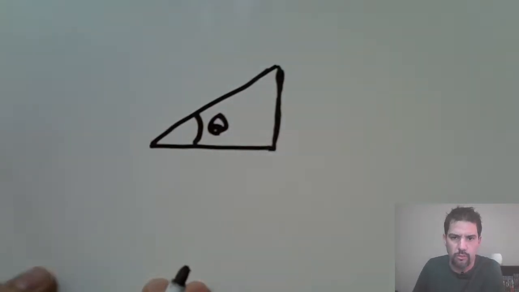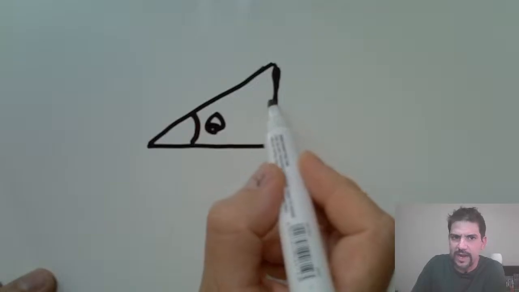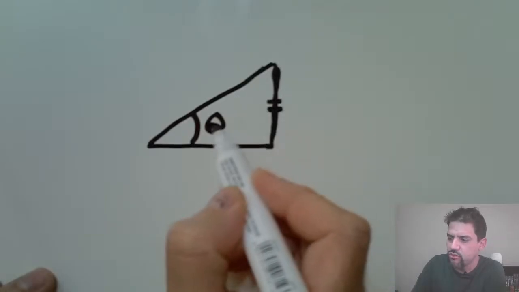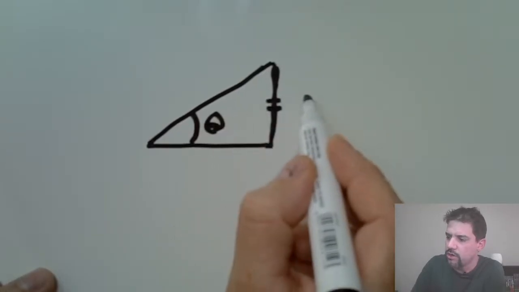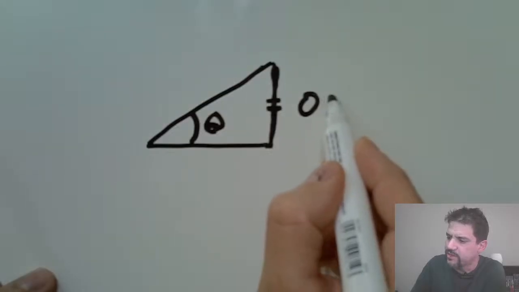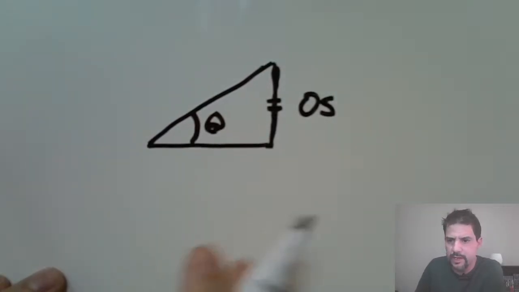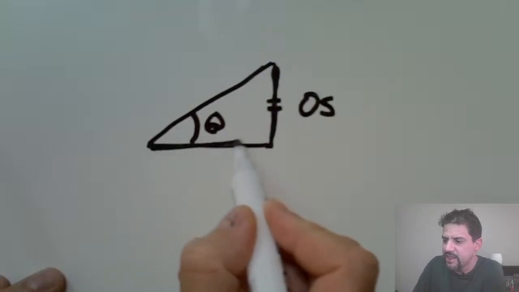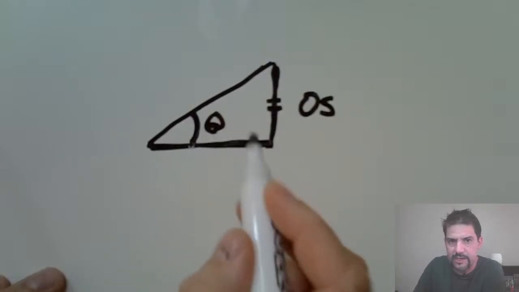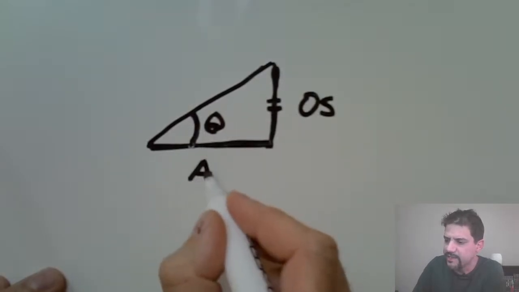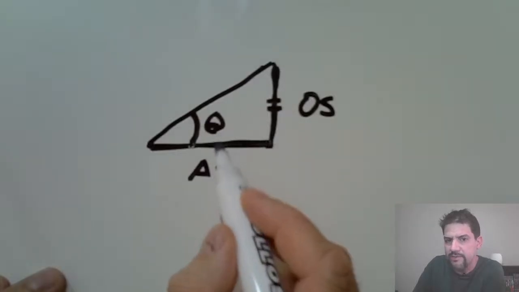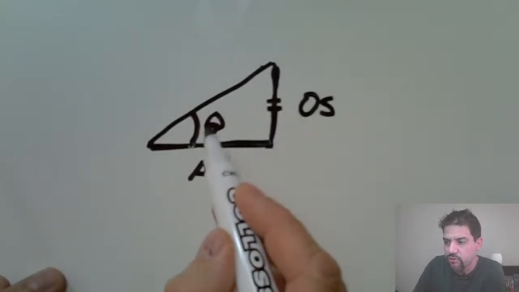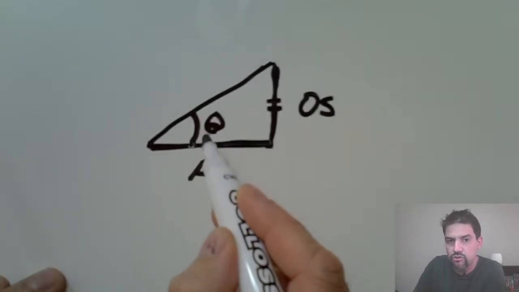The side of the triangle which is opposite to that angle, we call the opposite side. The side of the triangle that is touching that angle is the adjacent side. This one is very important: opposite to the angle, adjacent to the angle.